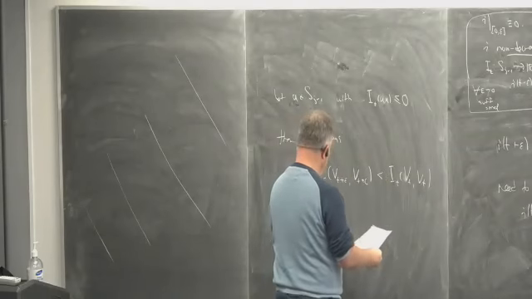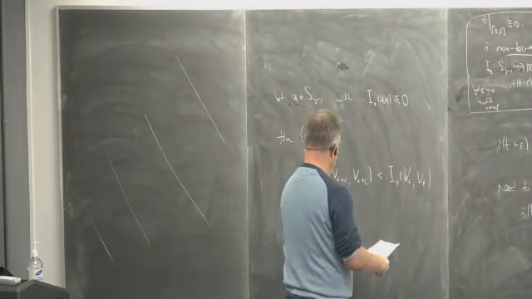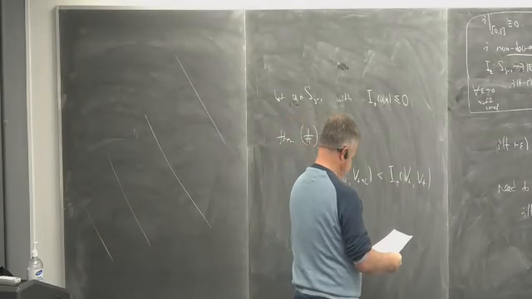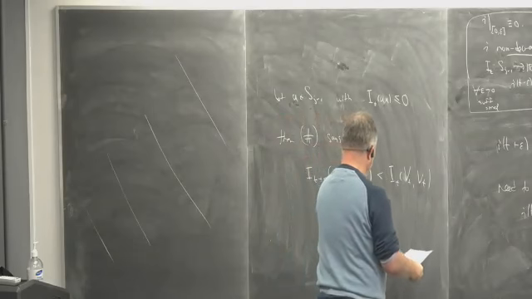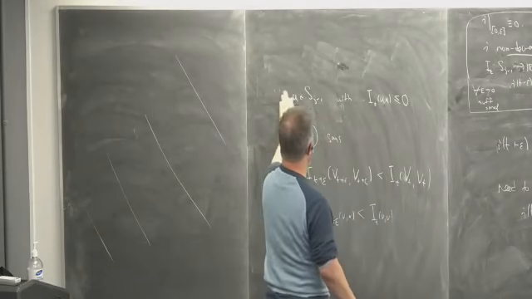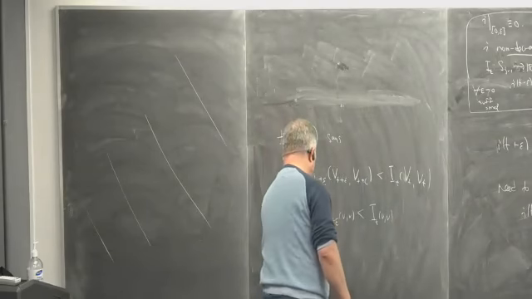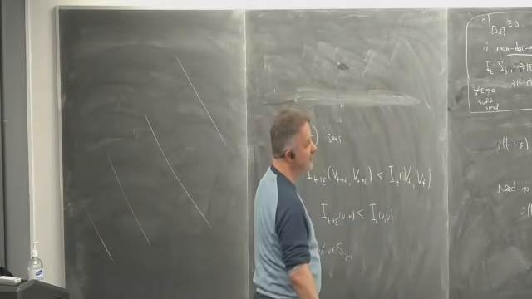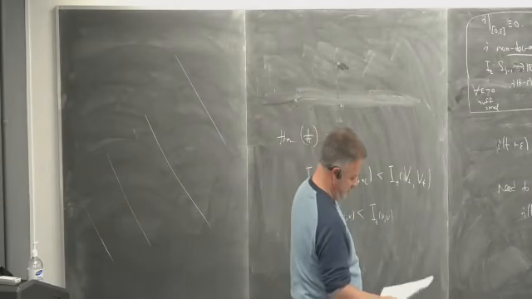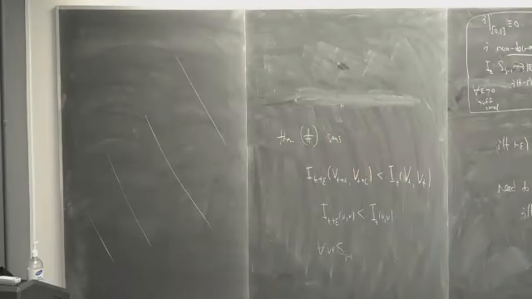translating back to the original language on S_{j-1}, it says that I_{t+ε}(v,v) is less than I_t(v,v). Then this is true for all v in S_{j-1}.